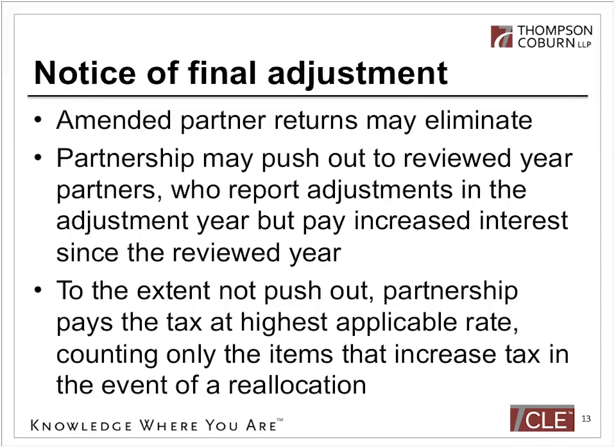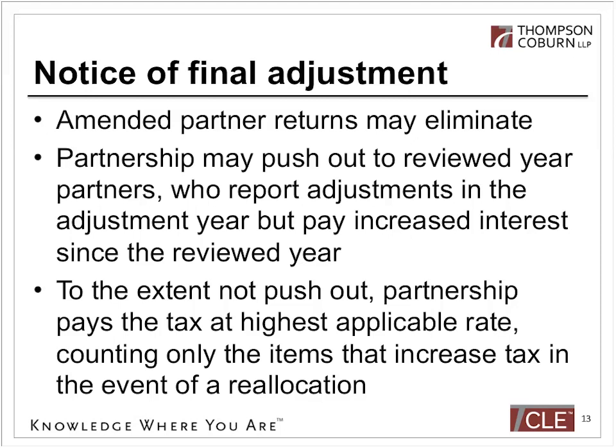So in my example, the 2018 return that gets audited in 2020, the 2018 partners would receive these items, and then the 2018 partners would include these on their 2020 tax returns. And what they would do is they would compute their 2020 tax with and without these items.